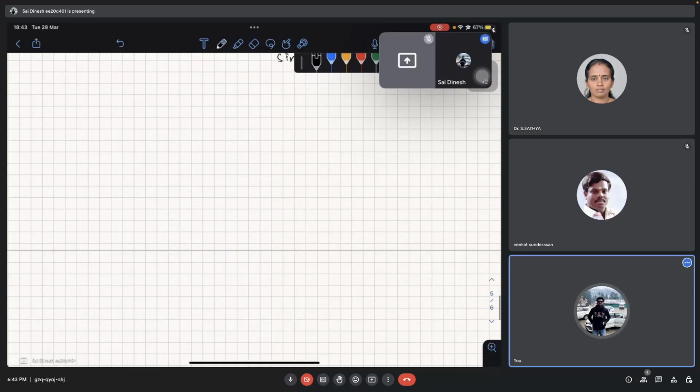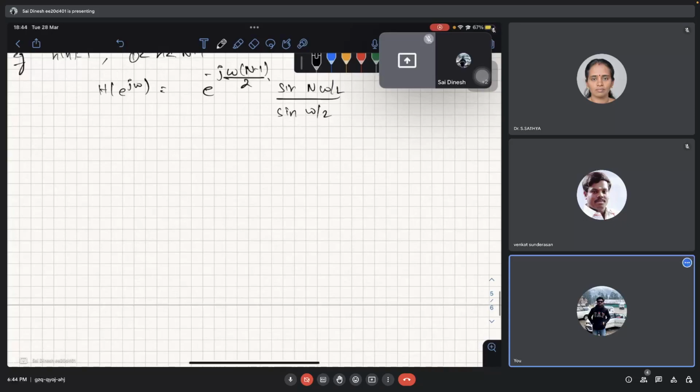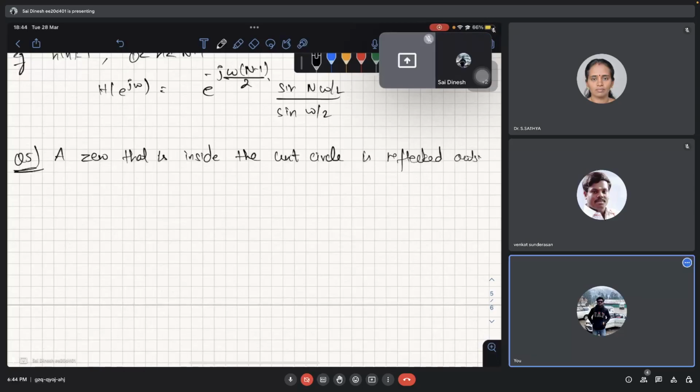And then question 5 would be, a zero that is inside the unit circle is reflected about the unit circle, that is, reflected outside.